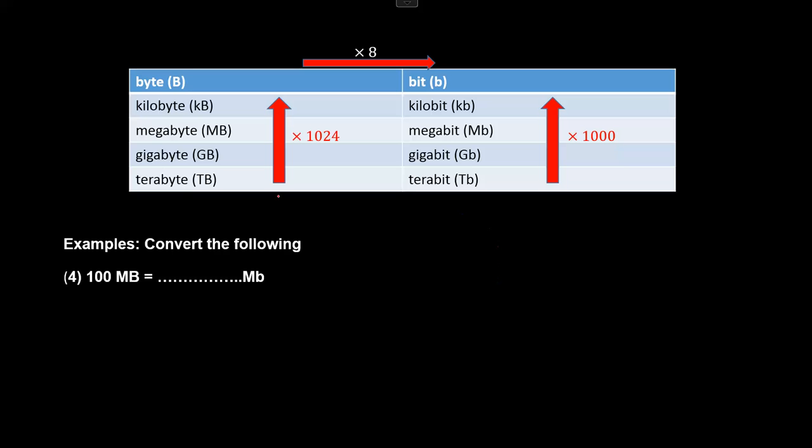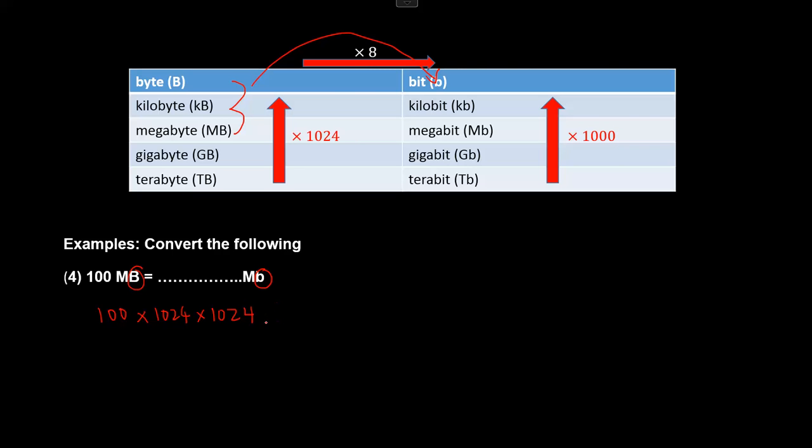Okay, in this example, we're going to go from megabytes into megabits. So once again, we need to get to the top of the table first and then across to the other side. So we're starting in megabytes, so we're going to go up once, twice. So we're going to start with 100. We're going to multiply it by 1,024, and then by 1,024 again. Now we're at the top, we're in bytes, we need to go across to bits.